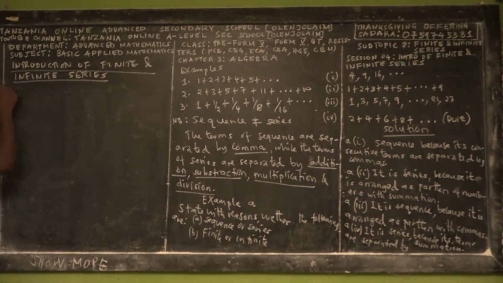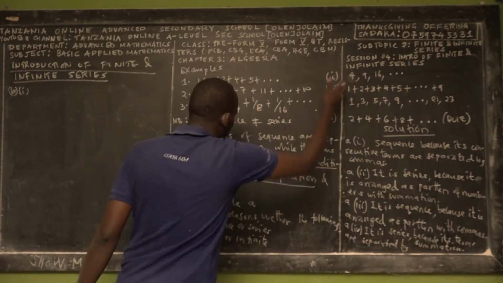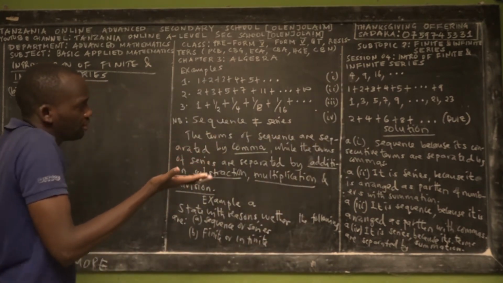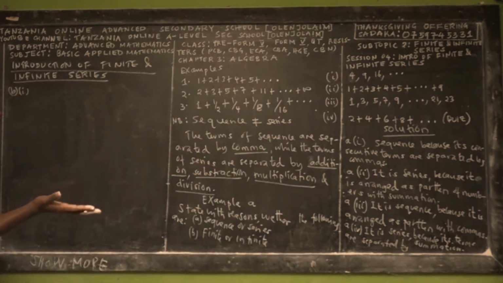So B, Roman 1. Is this finite or infinite? It is a sequence. Is it finite or infinite?